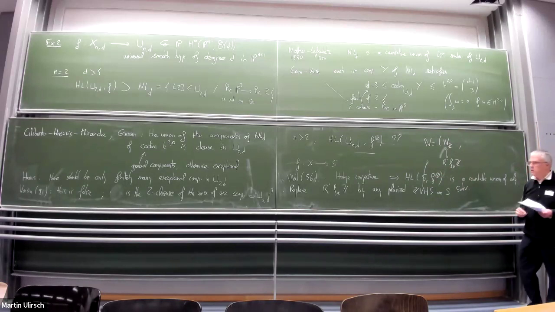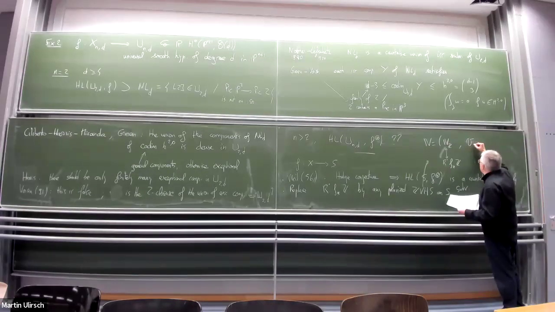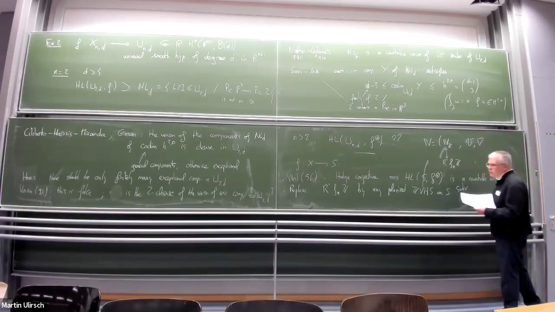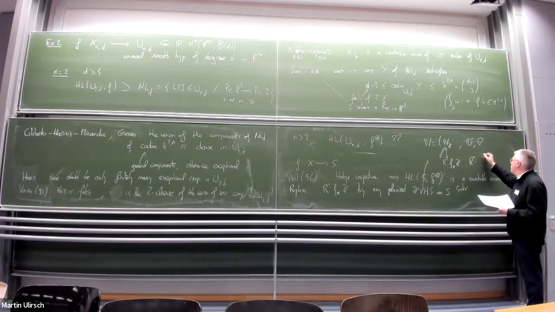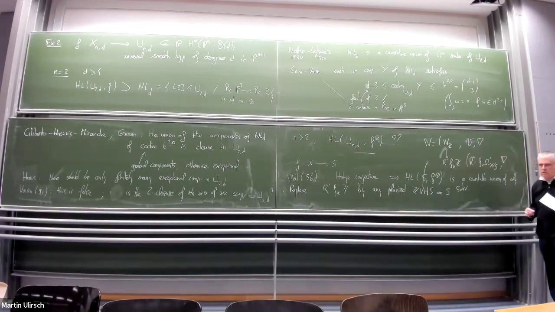Actually, this is an algebraic vector bundle with connection. So in our case, this is the relative de Rham cohomology with its connection.